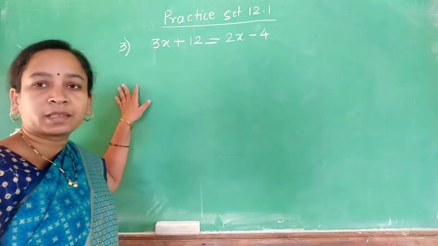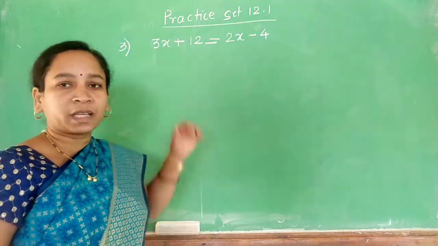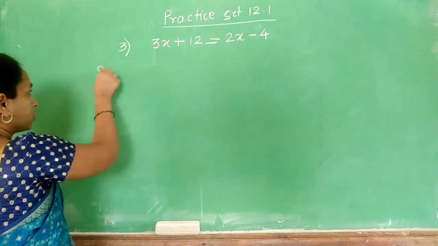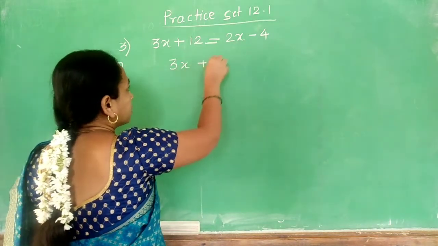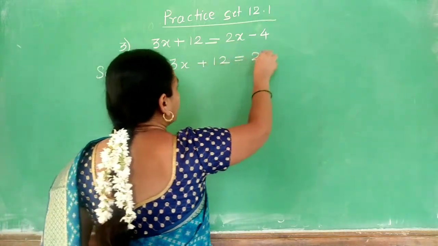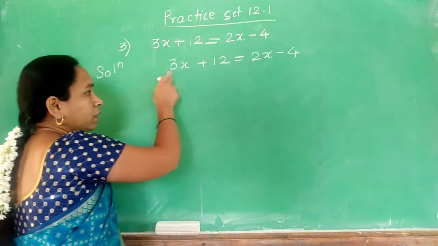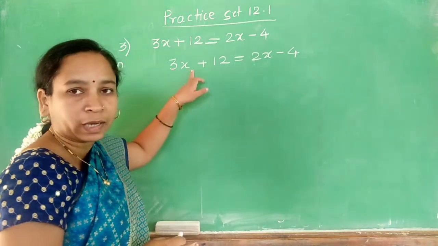In this third example, we can observe the variables are on both the sides. On the left, we will bring the like terms together. So here I will write solution. 3x plus 12 is equal to 2x minus 4. These 2x I will bring on the left hand side near to 3x.